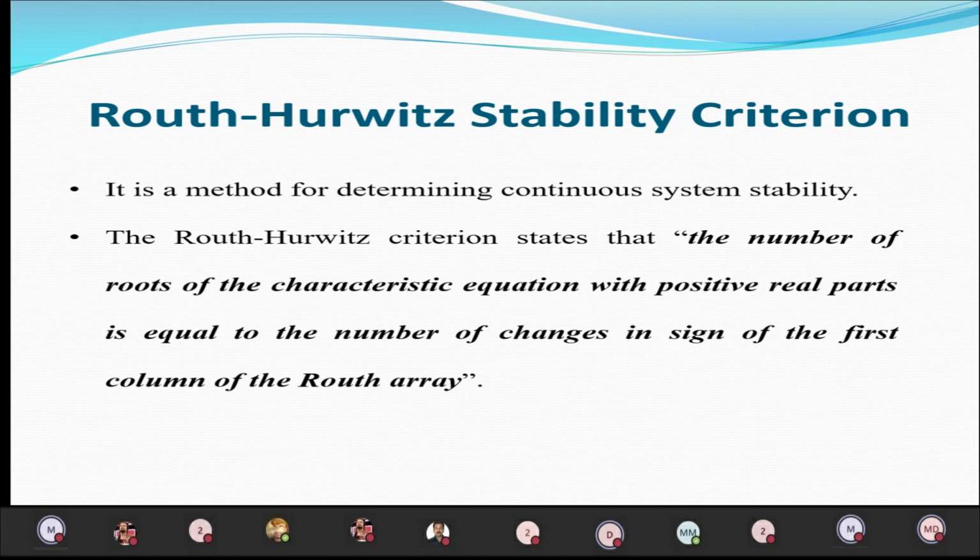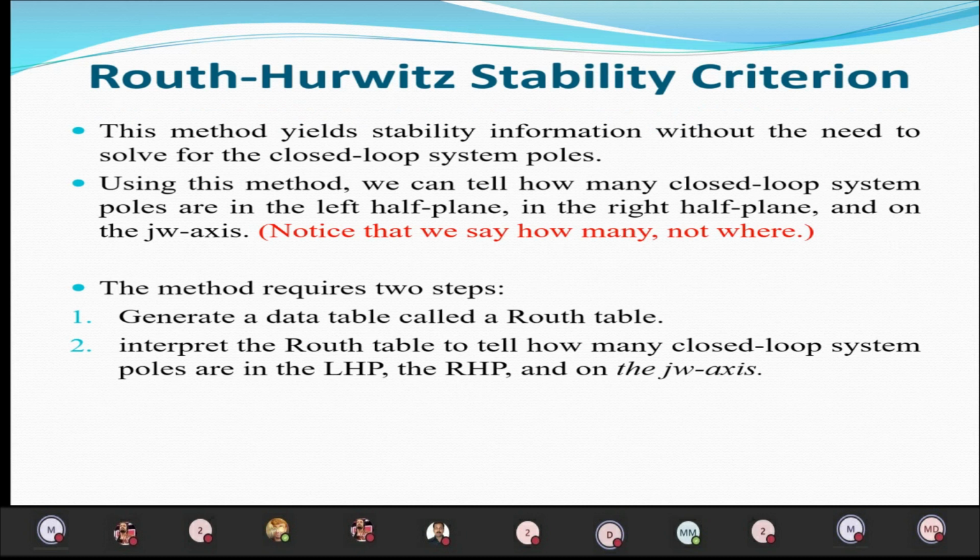So this is the stability analysis given by Routh-Hurwitz. In this method, we get stability information without any need to solve for the closed loop system poles. We can say how many closed loop poles are in the left half or the right half of the S plane, and also which conditions of stability the system has.